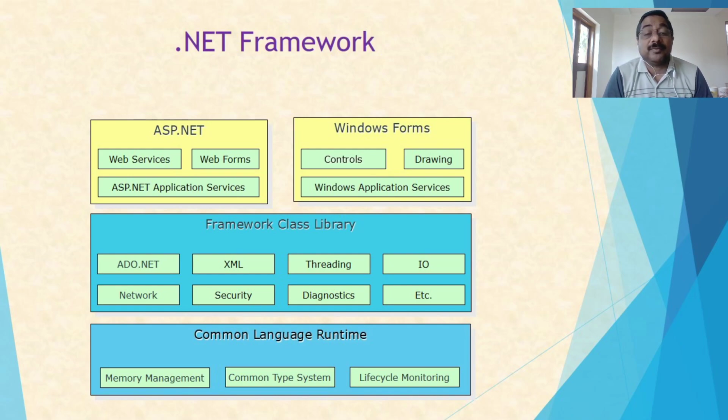Many things are done with the help of the framework class library. And at the last, we know that the common language runtime is a basic building block as well as the heart of the .NET framework. It contains memory management, common type system, and lifecycle monitoring. Also, the common language specification is done with the common language runtime.